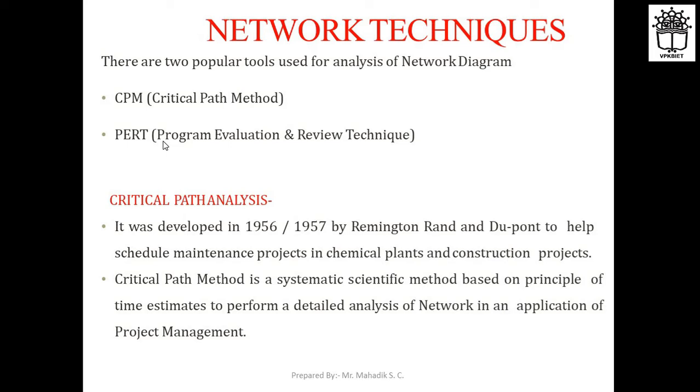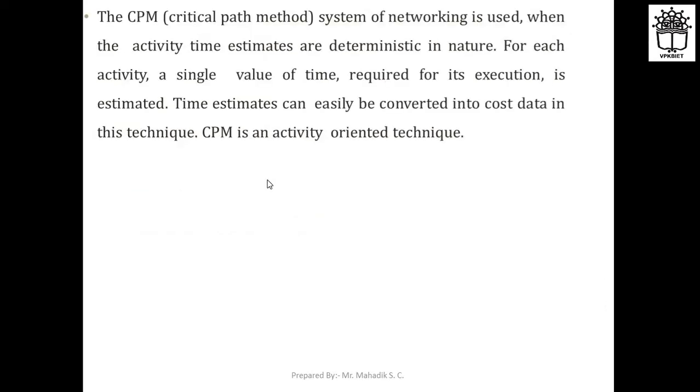Let us see some history of it. It was developed in 1956-1957 by Remington Rand and DuPont to help schedule maintenance projects in chemical plants and construction projects. Critical path method is a systematic scientific method based on principles of time estimates to perform a detailed analysis of a network in an application of project management. The CPM system of networking is used when the activity time estimates are deterministic in nature.